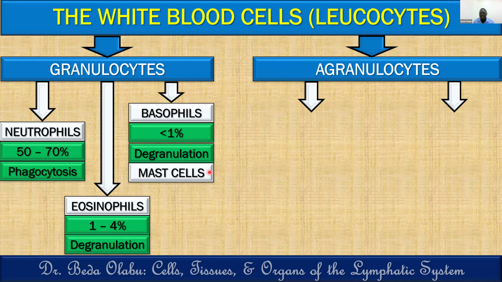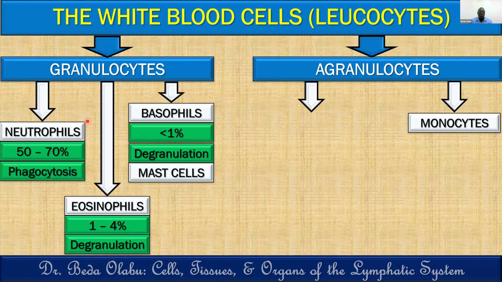How about the agranulocytes, the cells that do not have granules within their cytoplasm, or at least the granules are not that prominent? We have the monocytes, called so because they have a single nucleus, and this is to distinguish them from the type of white blood cells which have nuclei with multiple morphology. You can call them the polymorphonuclear white blood cells.